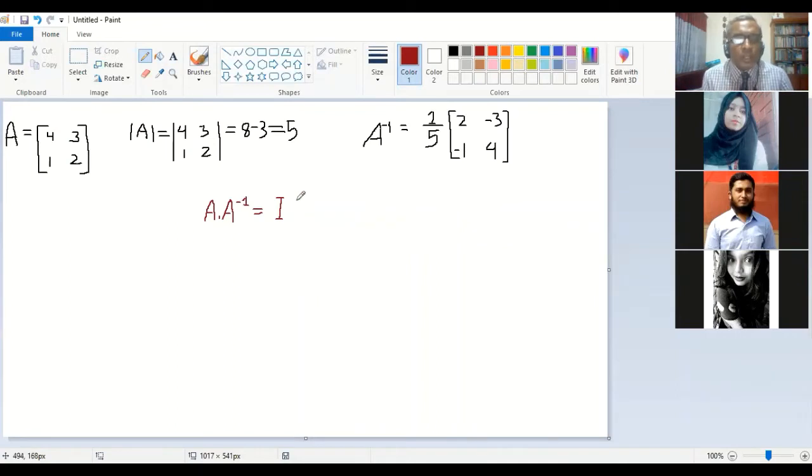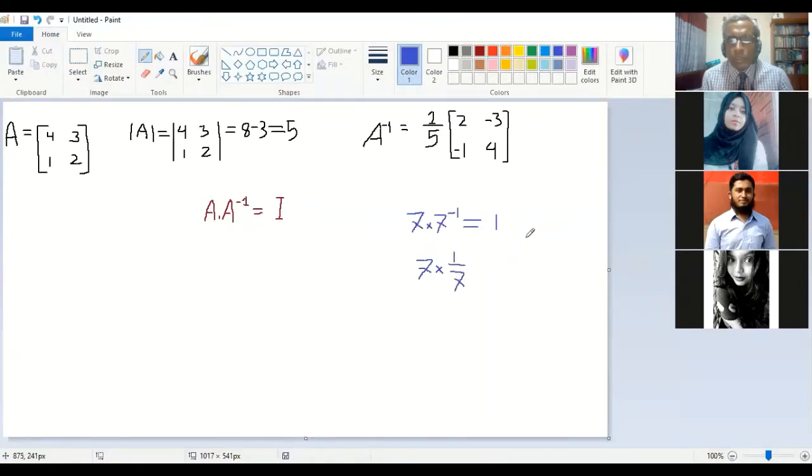So the identity matrix is like 1 in our normal numbers. Say one number is 7. If you think about 7 and then 7 to the power minus 1, that is 1 divided by 7, right?